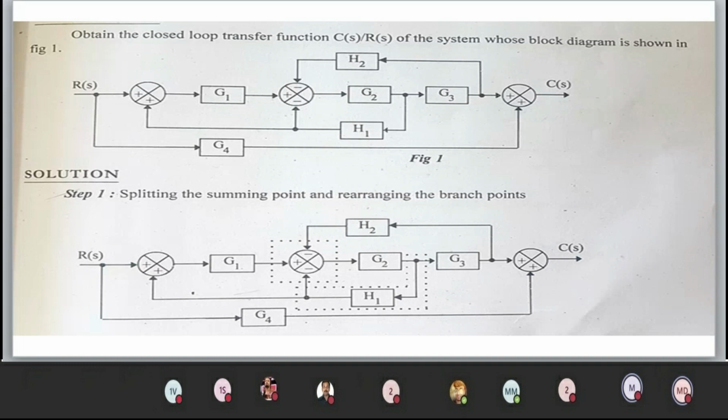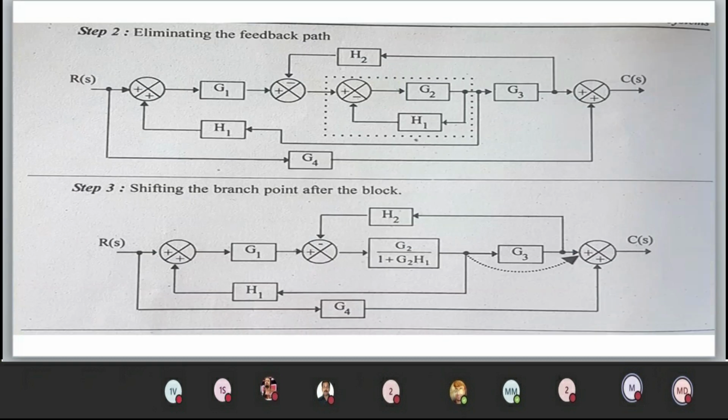Now, rule 1 is first step, simplify the summing point. Convert the 3 input summing point into 2 input summing point. So you can notice here the 3 input summing point is split into 2 input summing points.